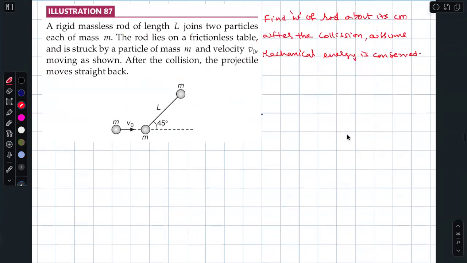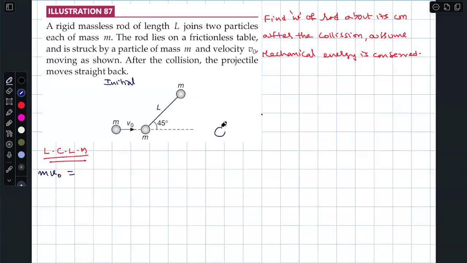Both are more or less the same. What to do initially is apply the law of conservation of linear momentum, because this is a free axis system.